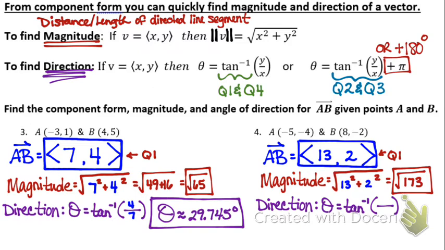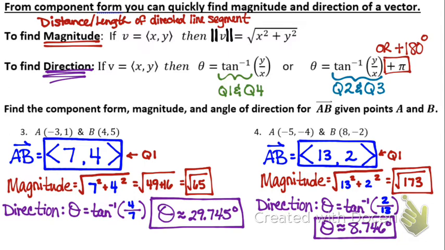But if there are no perfect squares to pull out, leave it as a radical. And then inverse tangent of 2 over 13. Do I have to worry about adding anything? So what is our angle approximately? 8.746.